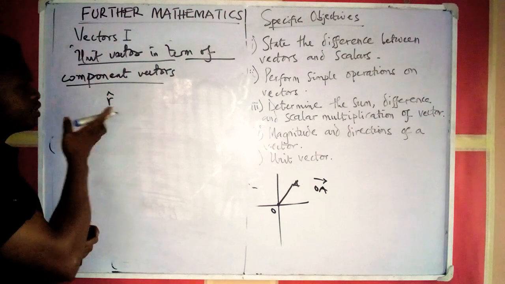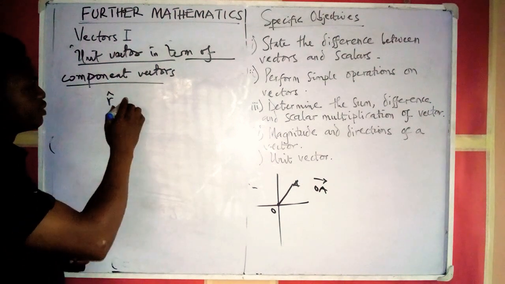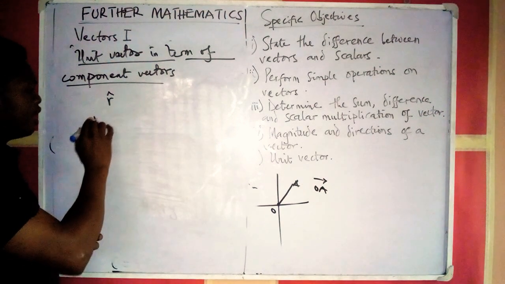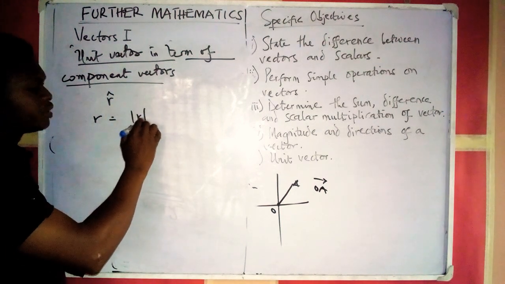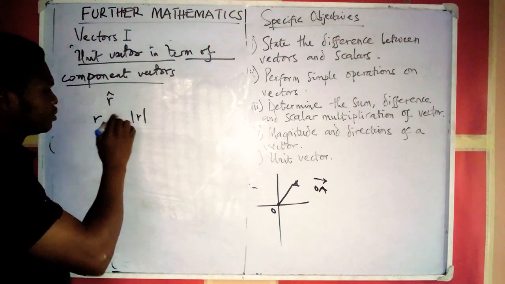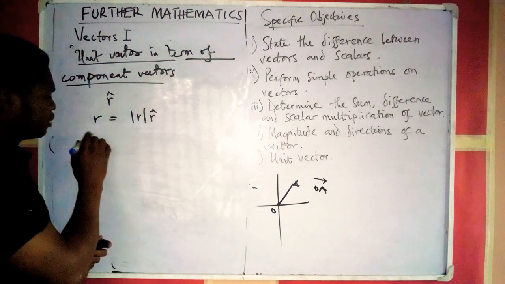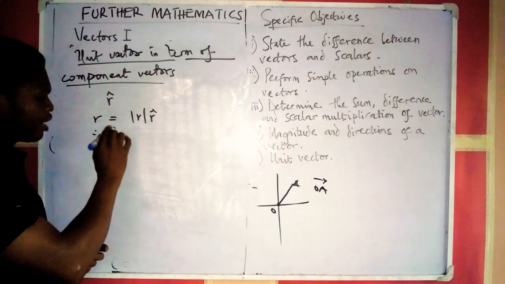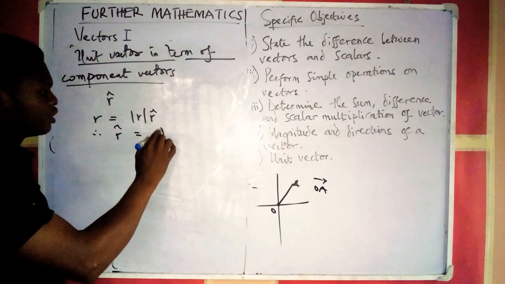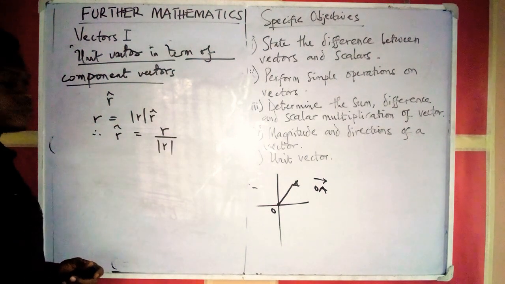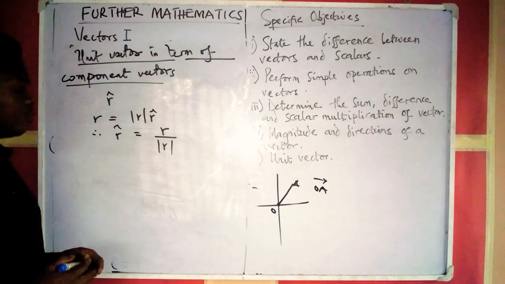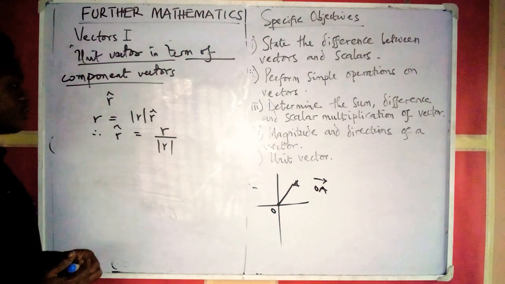Now, this r cap is such that r is equal to the product of r times r cap. I will now say that r cap is equal to r over magnitude of r. That's what we said before.